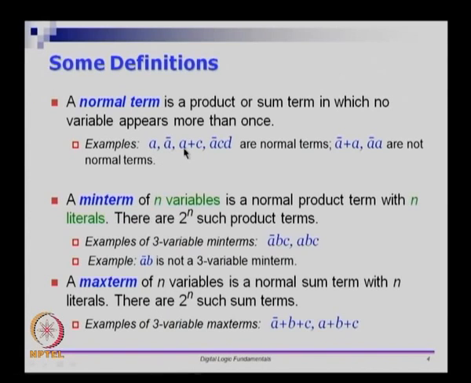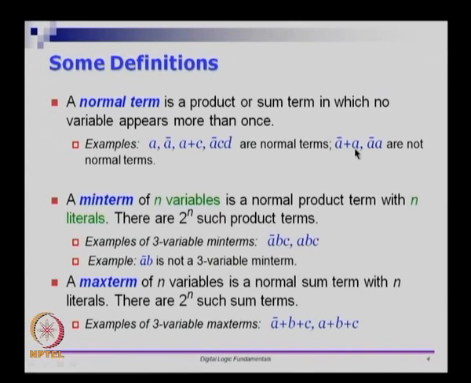Similarly, a bar, a plus c is a single literal with a plus in between, and you do not see any variable repeating more than once in each of the terms. So, a plus c is a valid normal term, and a bar cd is also a valid normal term. So, a normal term is either a product or a sum term in which variables appear no more than once.